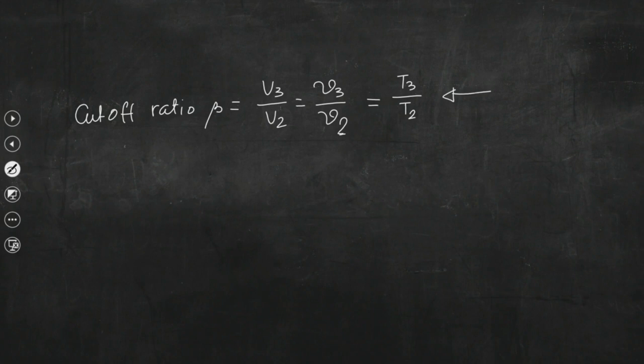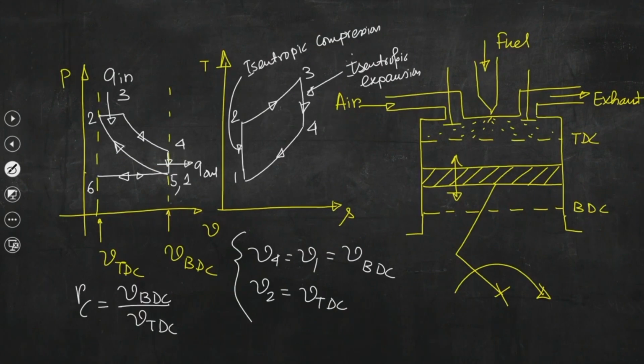So, if we analyze the first process now, there is a change in volume of the working substance during the combustion process, and that is what we have discussed, that it is very unlikely to expect that the piston will be there at TDC, and momentarily the entire combustion would be completed.